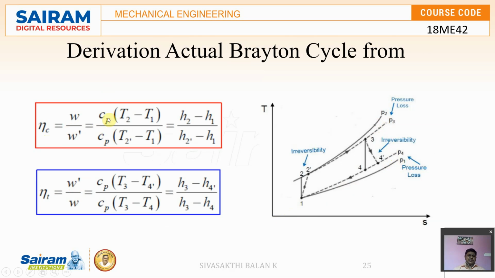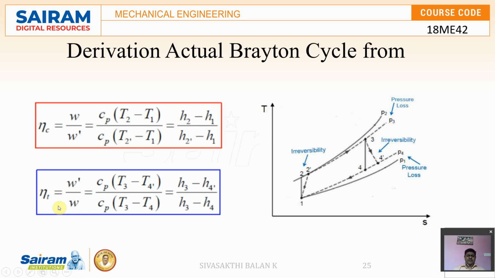Actual work done is Cp into (T2 minus T1) because compression takes place between 1 and 2 dash, whereas ideal work is Cp into (T2 minus T1) because compression takes place between 1 and 2. Since Cp into T is specific enthalpy h, you can easily convert this into (H2 minus H1) divided by (H2 dash minus H1). This is the isentropic efficiency of the compressor.